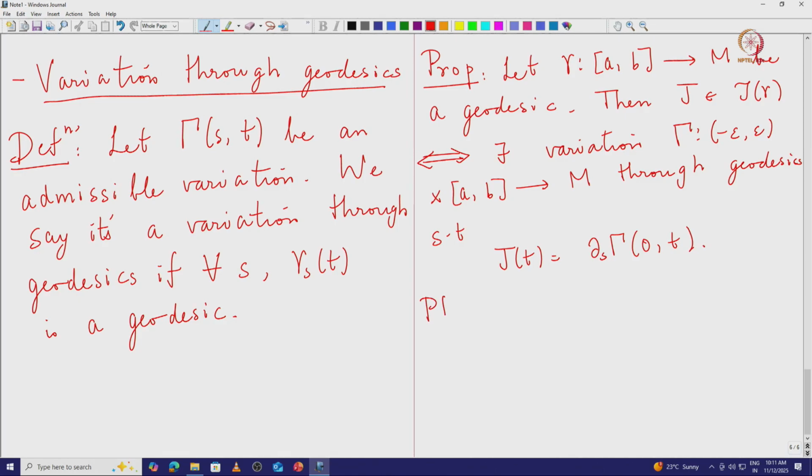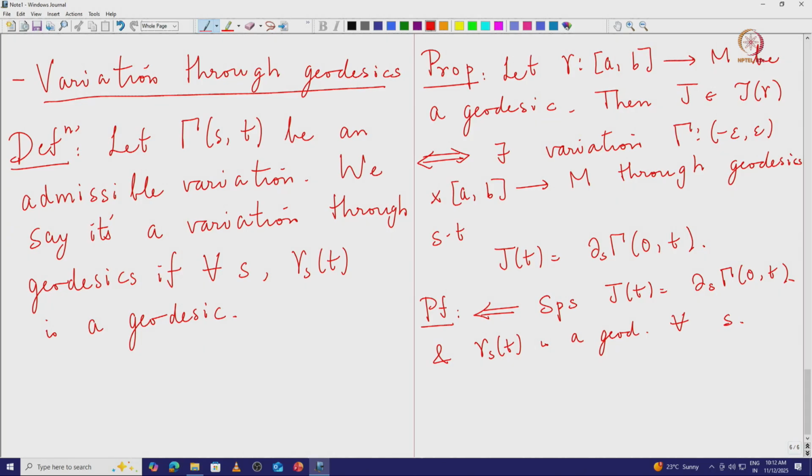Okay, so let's prove this. The easier direction is the backward direction. Suppose you have a variation and you look at the variation vector field of this. I want to show that it's a Jacobi field. So suppose J of t is this, and little gamma s of t is a geodesic for all s.